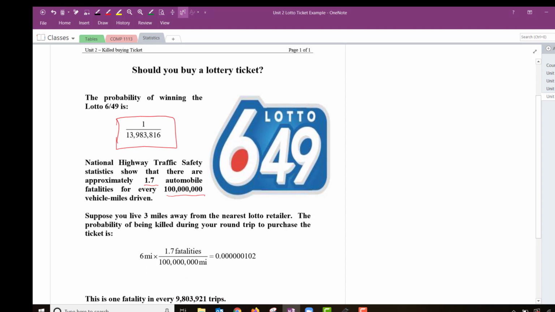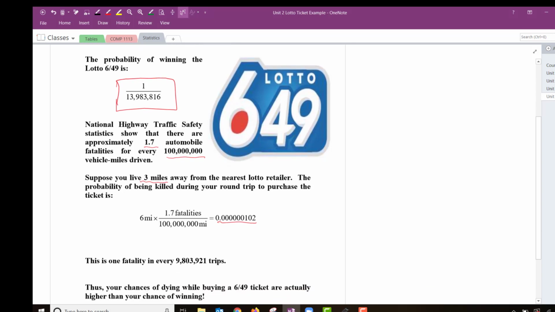The 7-Eleven is about 3 miles away from my house. So a round trip visit to the 7-Eleven is a 6-mile journey. So 6 miles times 1.7 fatalities per 100 million miles yields this result, which is 1 fatality in every 9.8 million trips.